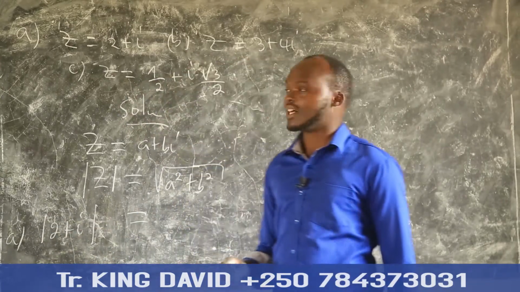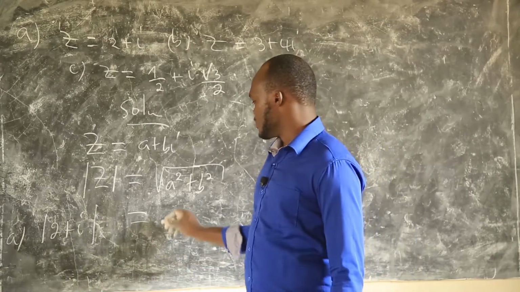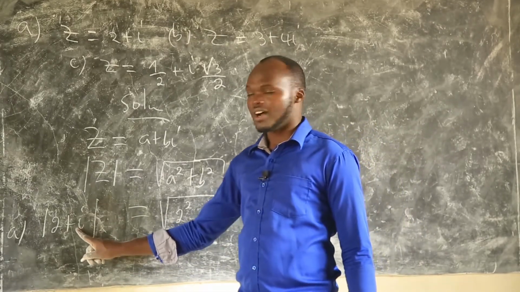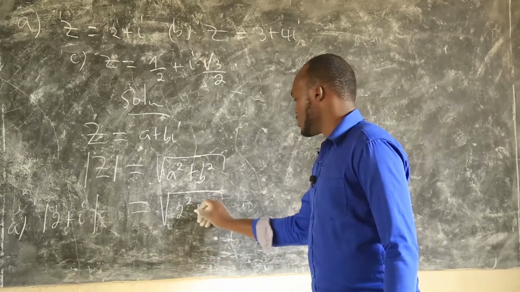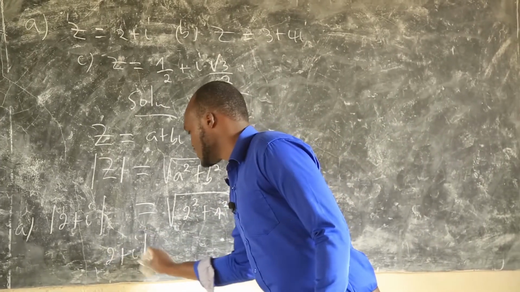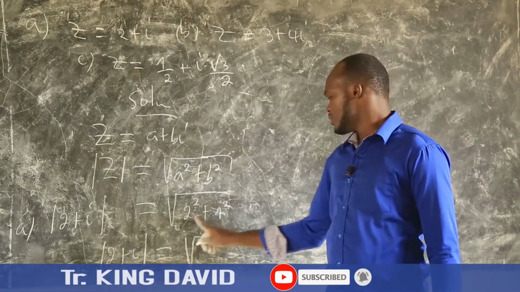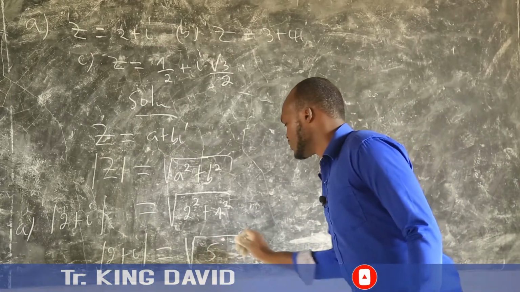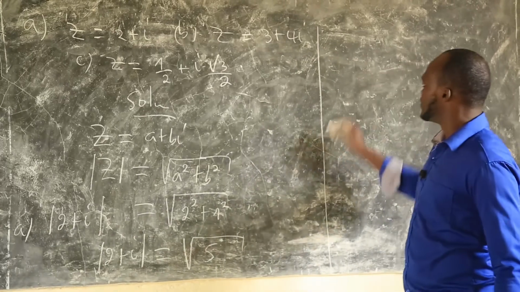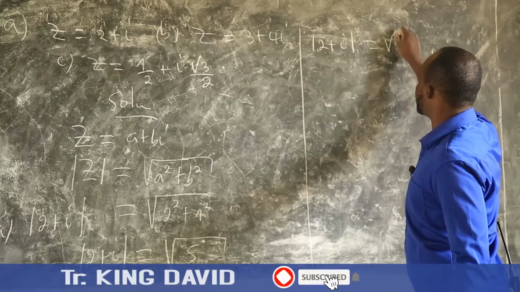It will be square root of 2 squared plus the coefficient of i, 1, squared. So the modulus of 2 plus i is square root of 4 plus 1, which is 5. So the modulus of 2 plus i is root 5. That's the answer.